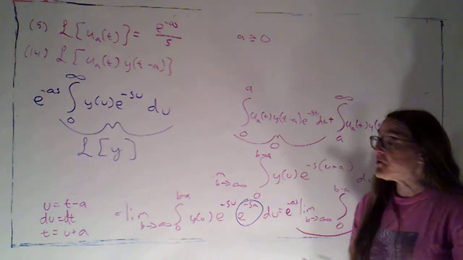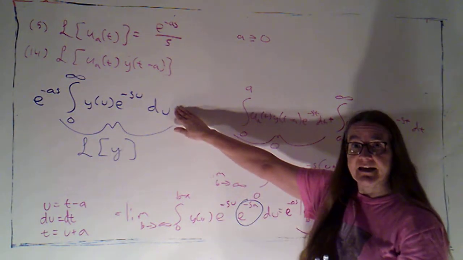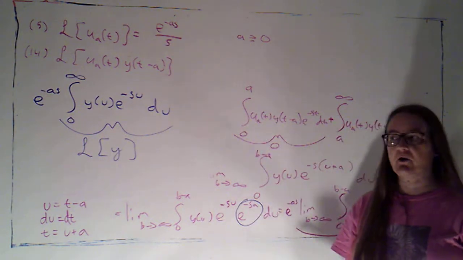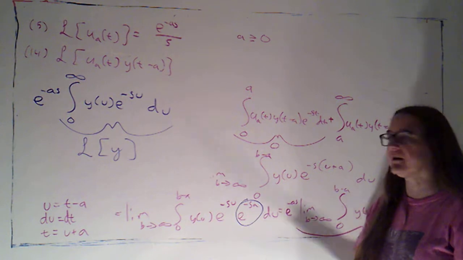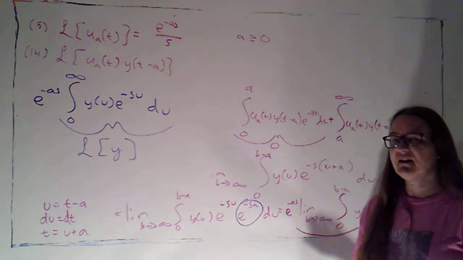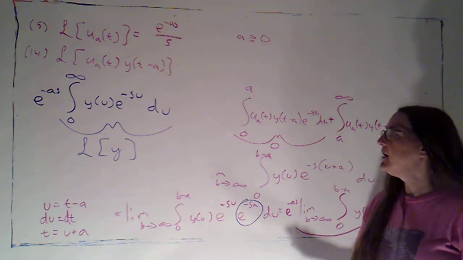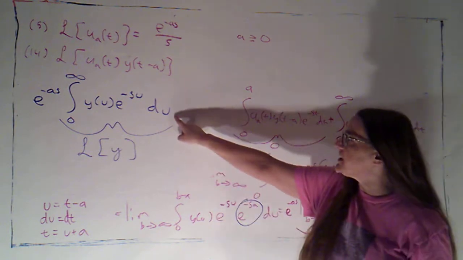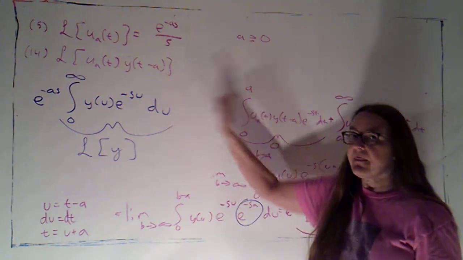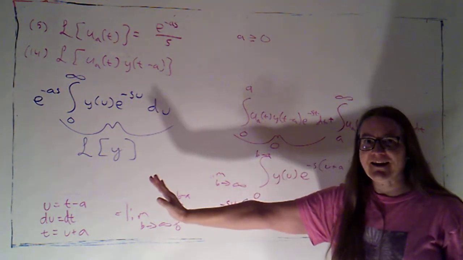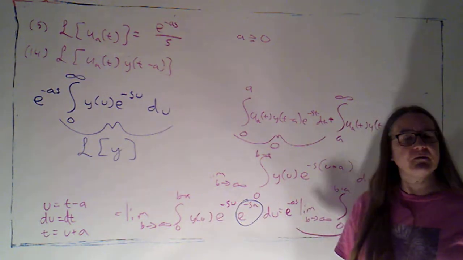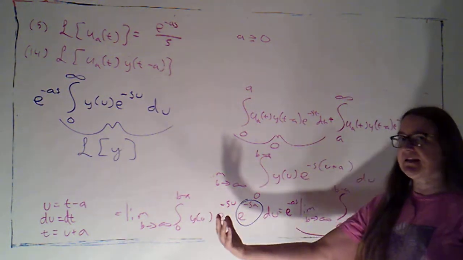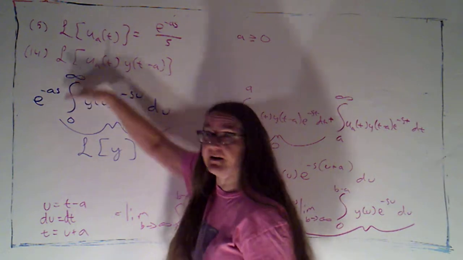Now, we're used to writing this in terms of t. I've changed the name of my variable. I'm calling it u now instead of t. It's just a name. When I integrate with respect to u, there aren't going to be any u's in my answer. Just like when I integrate with respect to t, there aren't going to be any t's in my answer if it's a definite integral.